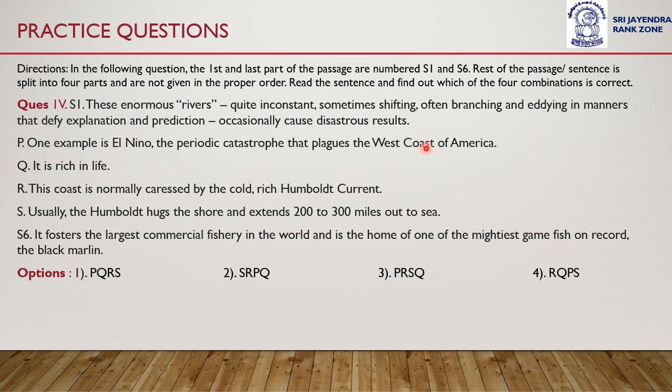The west coast of America, sorry, the west coast of America. So P would be the first sentence among the scrambled sentences. So S1 is followed by P.